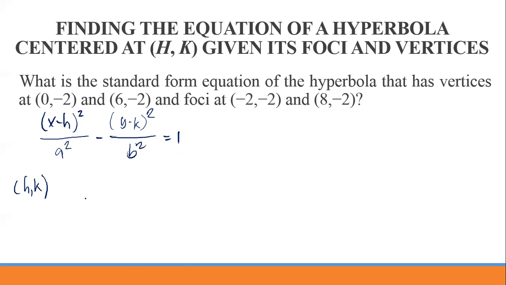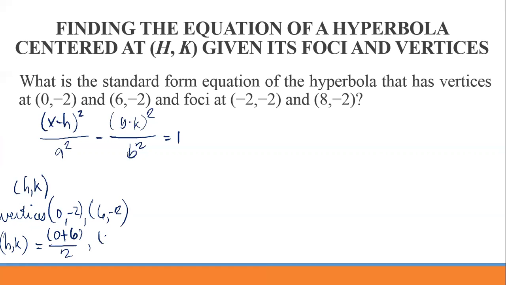The center is halfway between the vertices (0, -2) and (6, -2). So, applying the midpoint formula, 0 plus 6 over 2, -2 plus -2 over 2. So, yung center natin ay (3, -2).